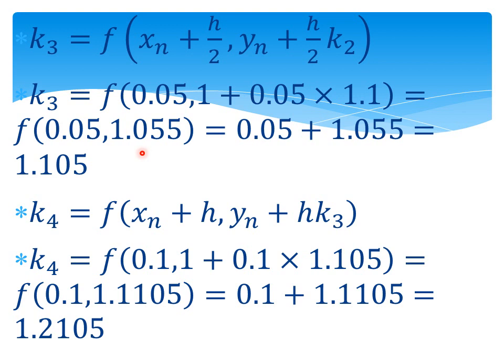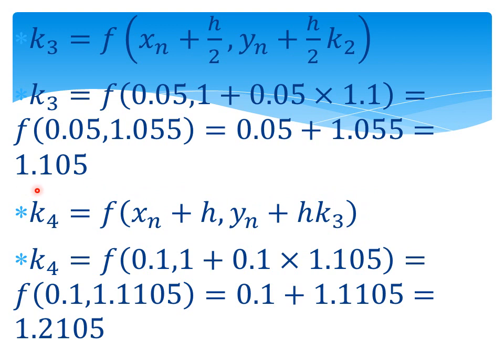This is the value of x, comma, this is the value of y. According to the question, the function is x plus y. We put these values, add both values, and the final answer is 1.105. This is the answer of k3.